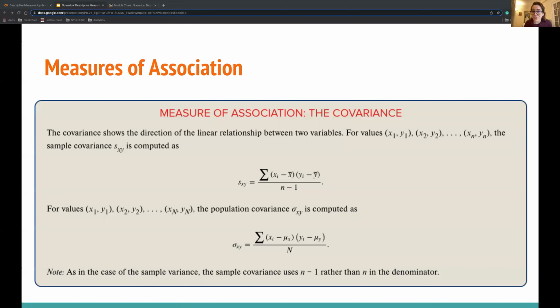The last point of numerical descriptive measures we will look at is measure of association. This would be used to quantify the direction and strength of a linear relationship between 2 variables, x and y. When there is a linear relationship, we can look at something called covariance. The value can be negative, positive, or 0.